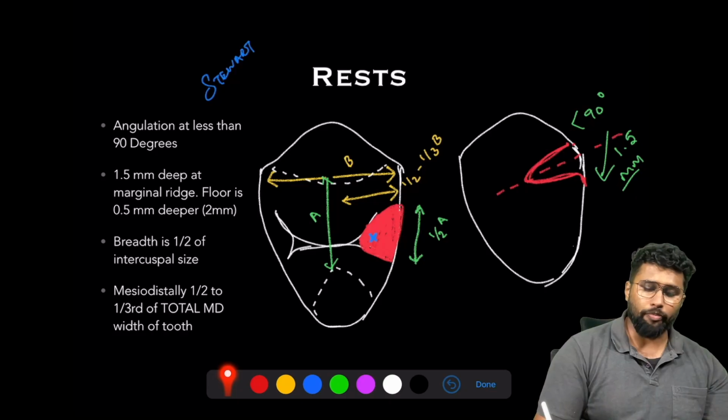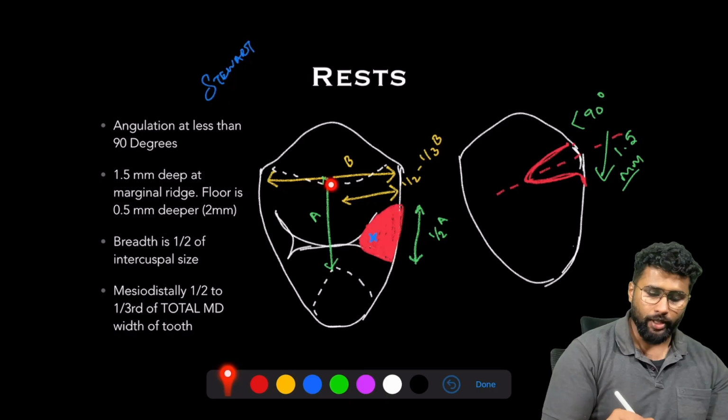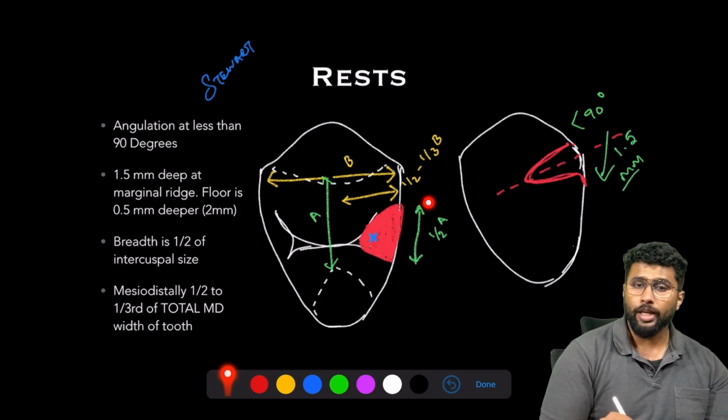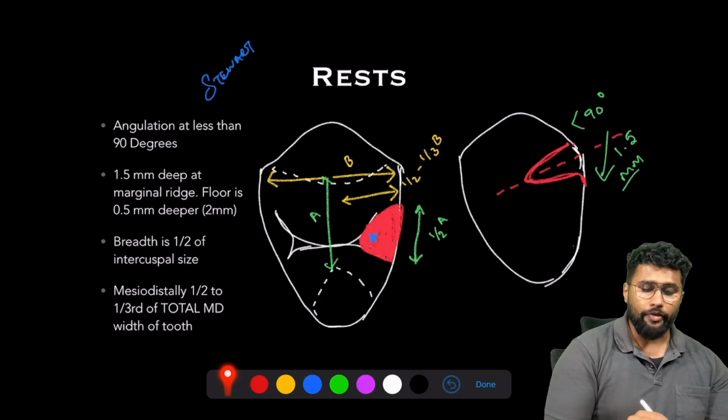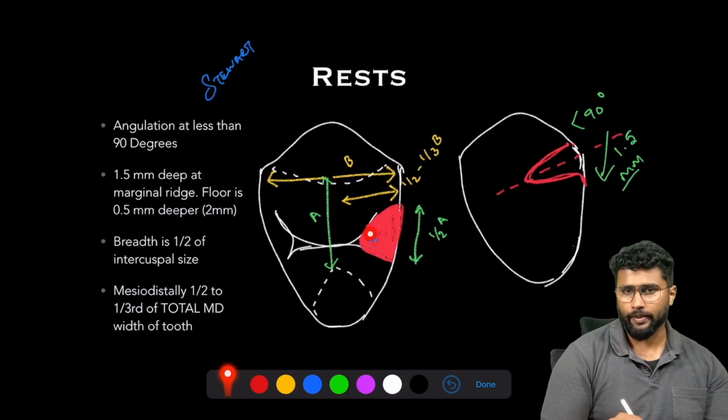Now, in terms of buccolingual width, you have to take the intercuspal width, right? So you have the buccal cusp here, you have the lingual cusp here. You take the intercuspal width, and half of your intercuspal width should be the width of your rest seat. And if you take the entire mesiodistal width of the tooth, anywhere between half to one third of the mesiodistal width of the tooth can be the mesiodistal width of your rest.